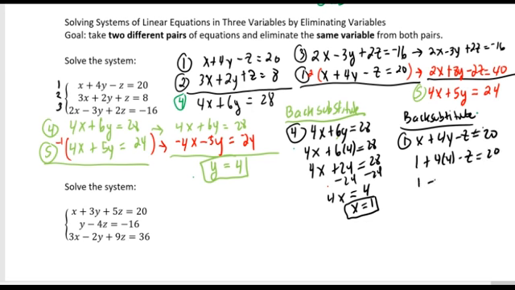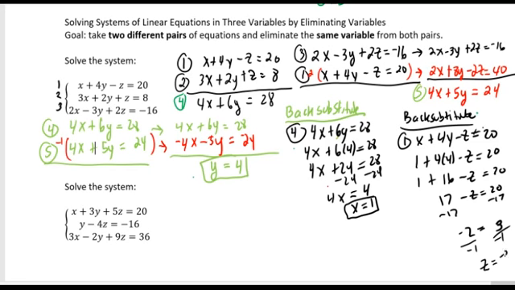So we get 1 plus 16 minus z equals 20. 16 plus 1 is 17. Subtract 17. So we get negative z equals 3. So we're going to divide by negative 1. So z is equal to negative 3. So my solution is x is 1, y is 4, and z is negative 3.